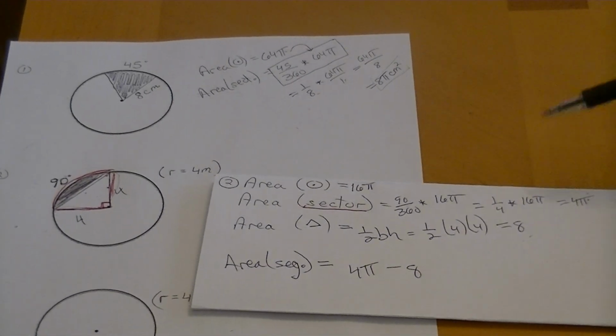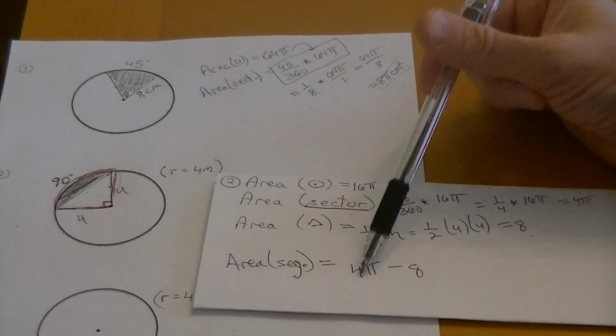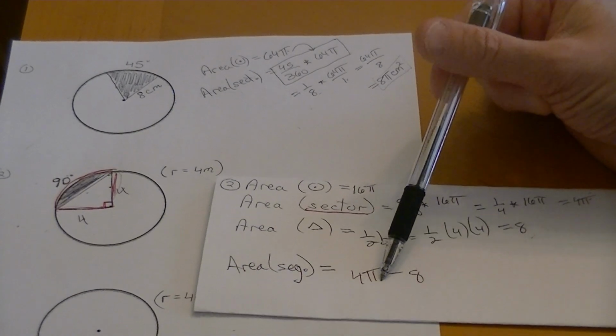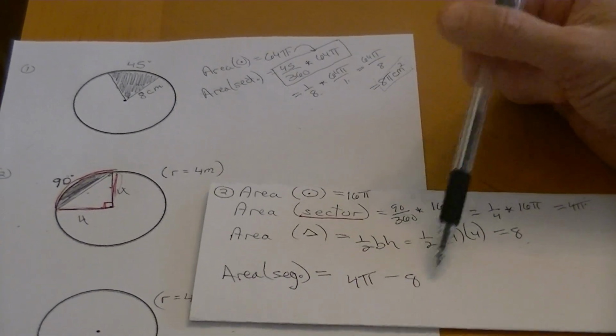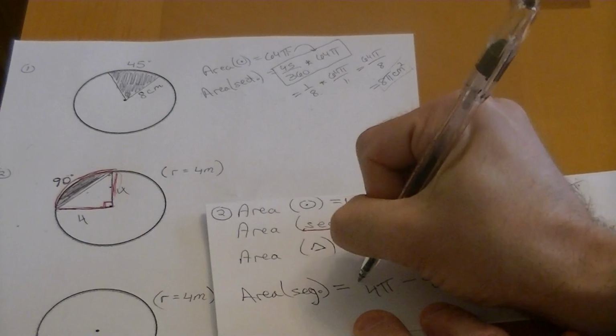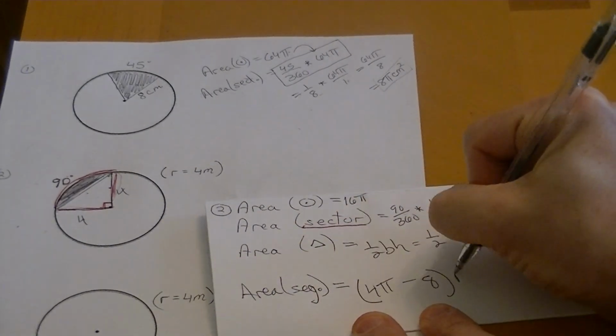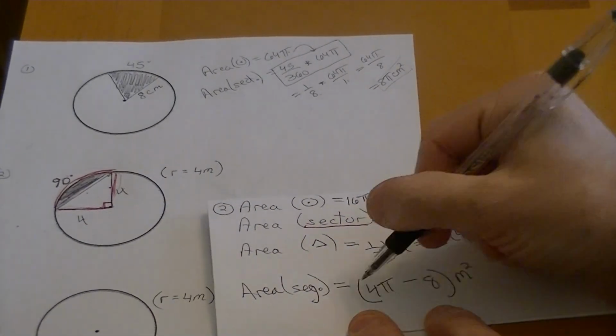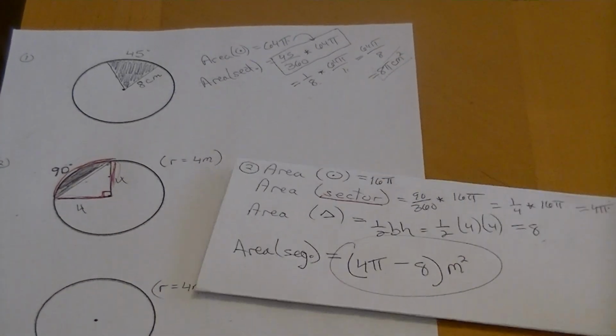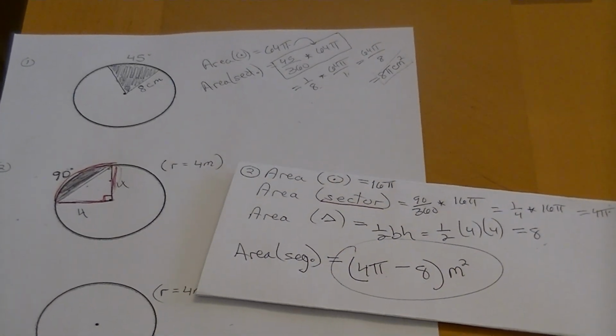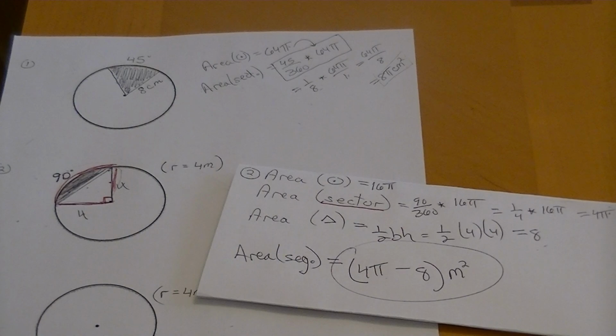And since this is my final answer, I should be saying 4 pi meters squared minus 8 meters squared, or we can do this. We can say it's this entire number in meters squared. That's the answer to number 2. If it said to round off, I would round off, but it doesn't, so I won't.